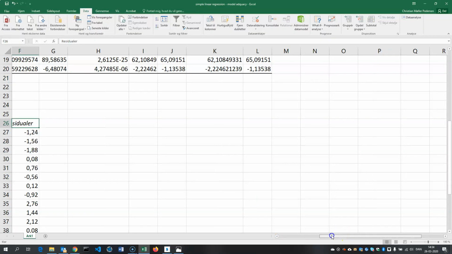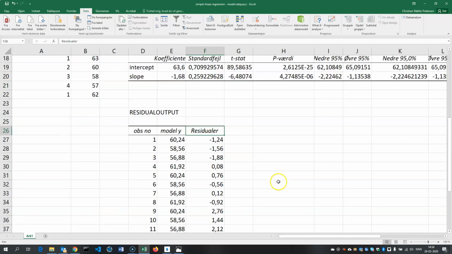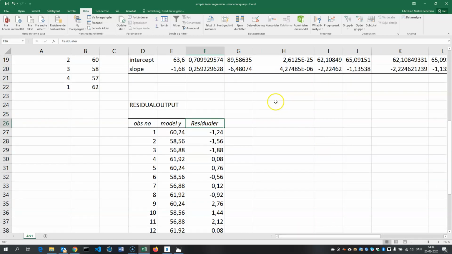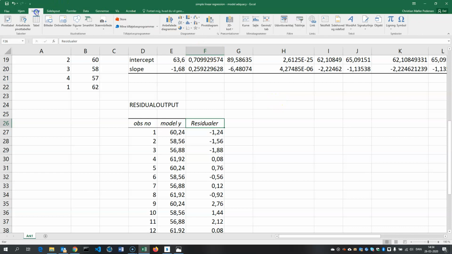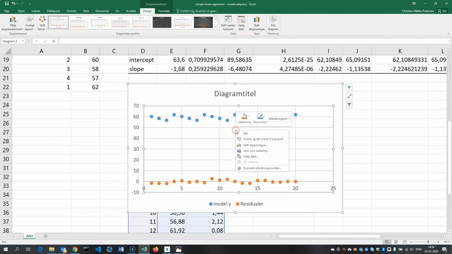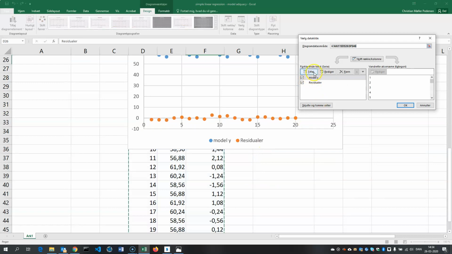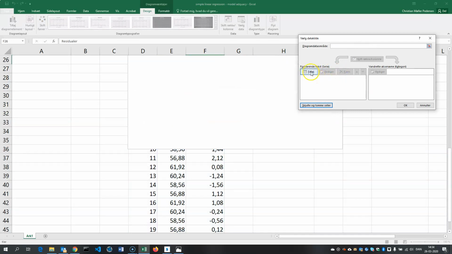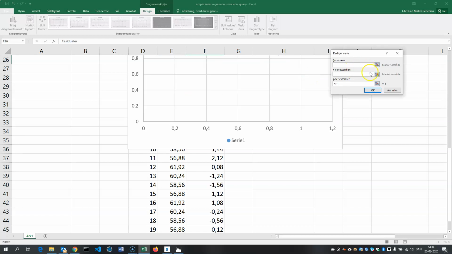So now I want to make a residual plot. So what I'll do is I'll choose insert, and I'll choose diagram, and I'll choose the scatter plot here. I don't want that, so I'll select data, and I'll remove those series, and I'll define my own.